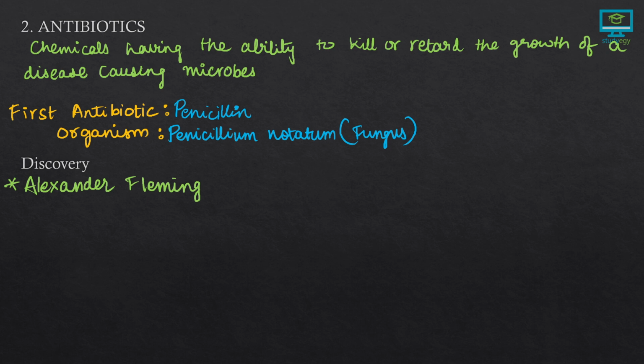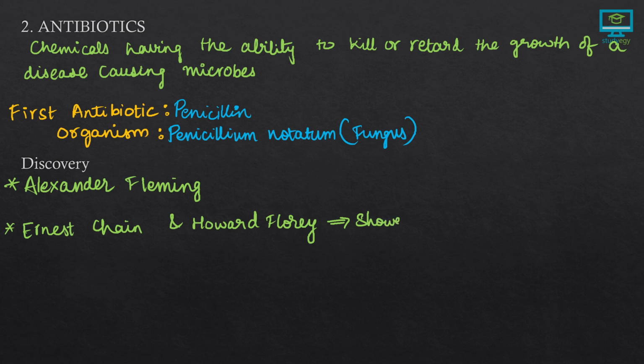However, he could not completely establish a fully effective antibiotic, and it was done by two other scientists, Ernest Chain and Howard Florey. They showed the full potential of an antibiotic.